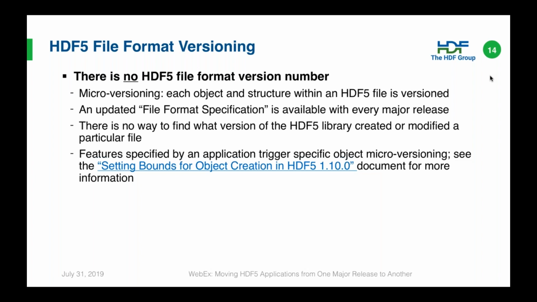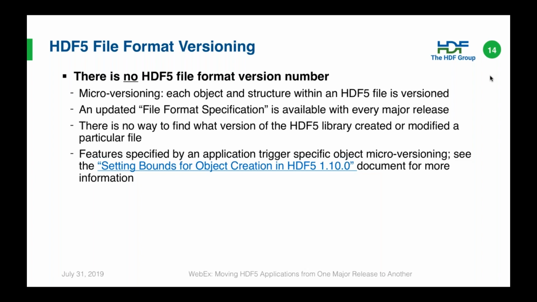We created a document called Setting Bounds for Object Creation in 1.10.0. This document describes which APIs trigger which microversioning of a particular object, for example, data type, dataset chunking. It also gives you some overview of which minimum version of the library would be required if you use this particular feature. We were requested to provide a tool that will look at the file and tell me which minimum version of the library I need to read this file.